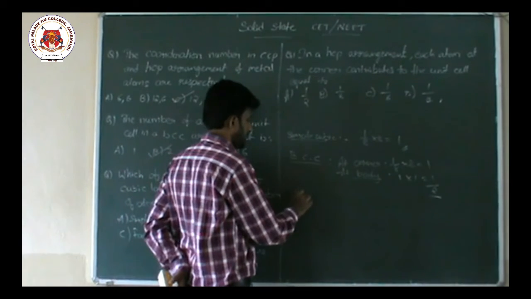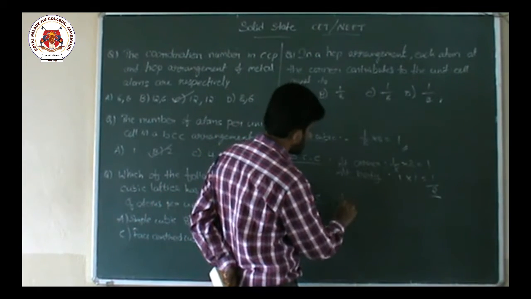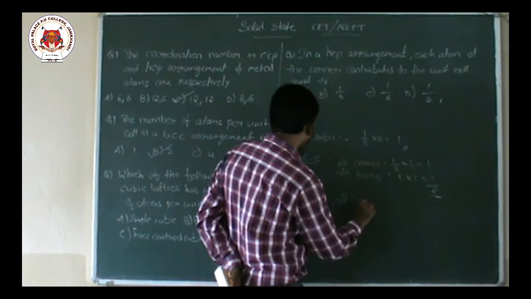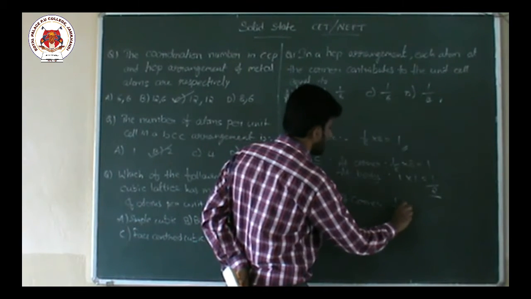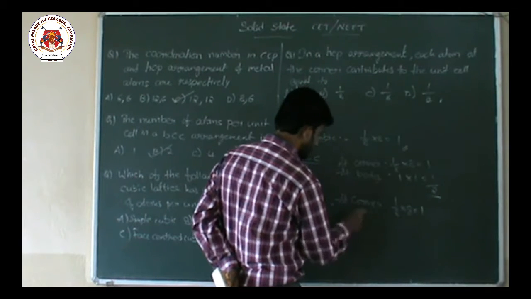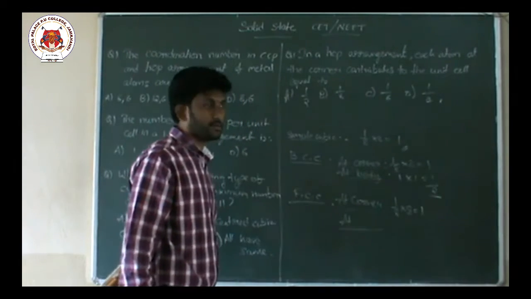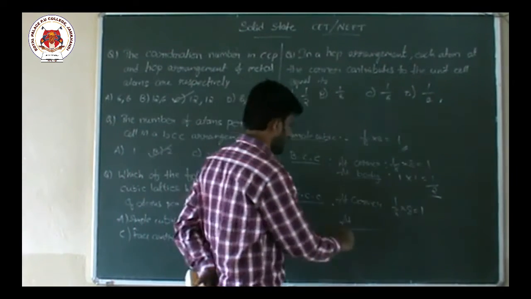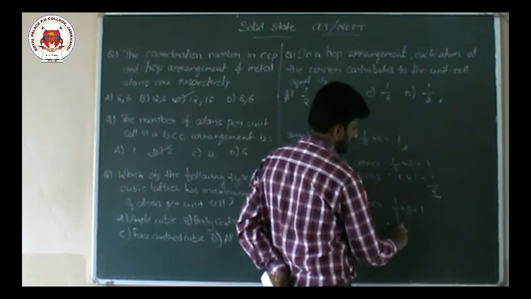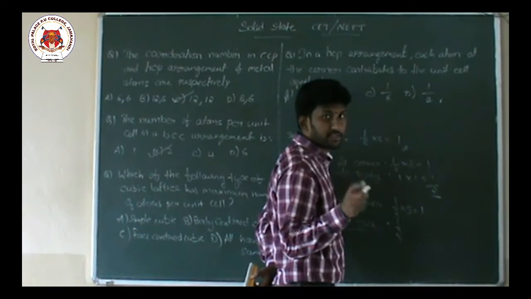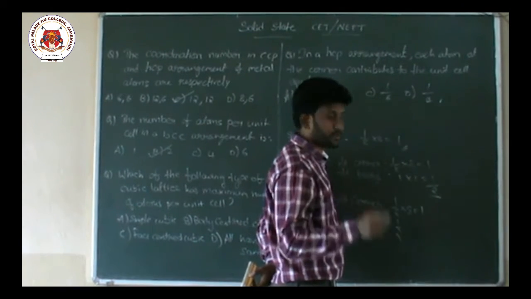Then what is it for FCC? In FCC, the corner contribution is the same, 1 by 8 into 8 is equal to 1. But in FCC, at each face one sphere is present. At a face, the contribution is 1 by 2, because any atom present at the center of the face is equally shared by 2 cubes.